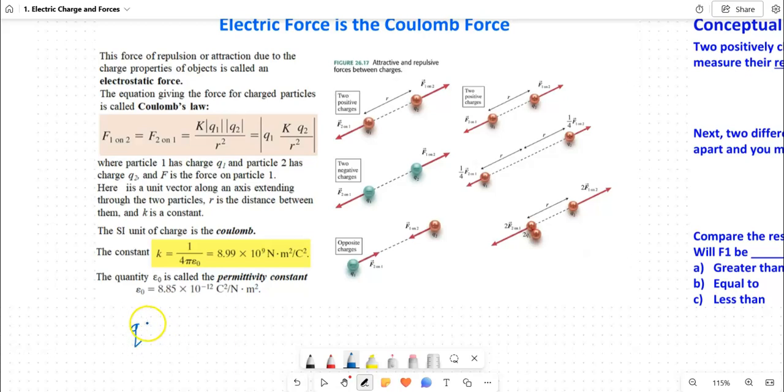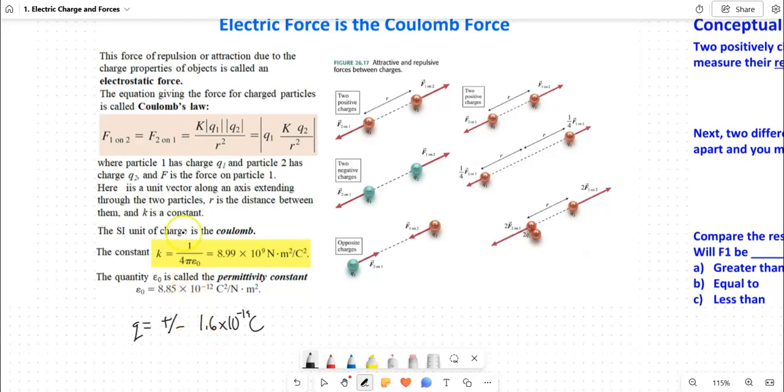So the charge for a single charge is plus or minus 1.6 times 10 to the negative 19 coulombs. And that's the charge of one single positive or negative.